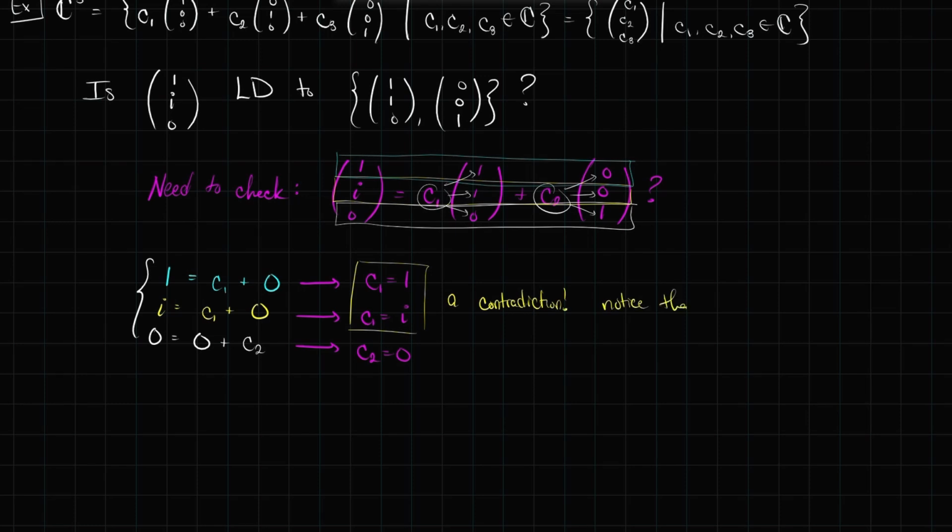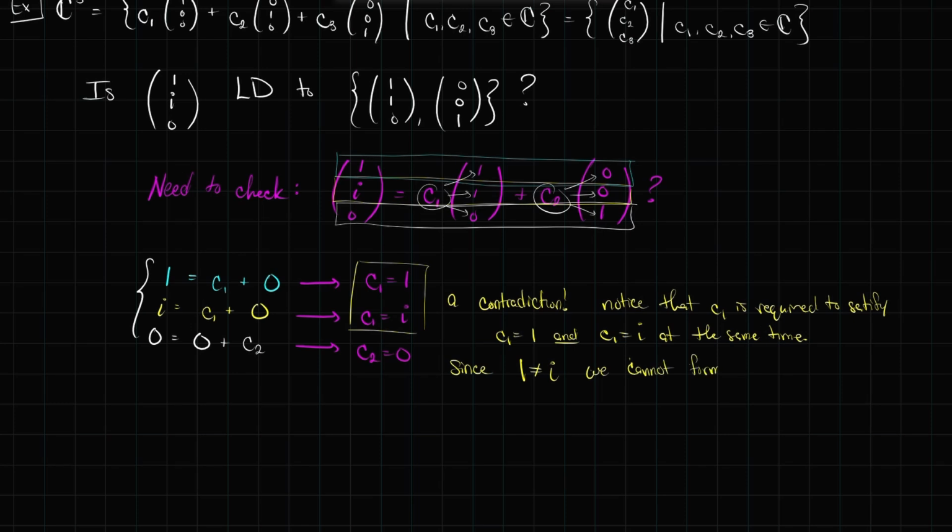Notice that C1 is required to satisfy C1 equals 1 and C1 equals i at the same time. Since 1 is not equal to i, we cannot form (1, i, 0) from a linear combination of (1, 1, 0) and (0, 0, 1).